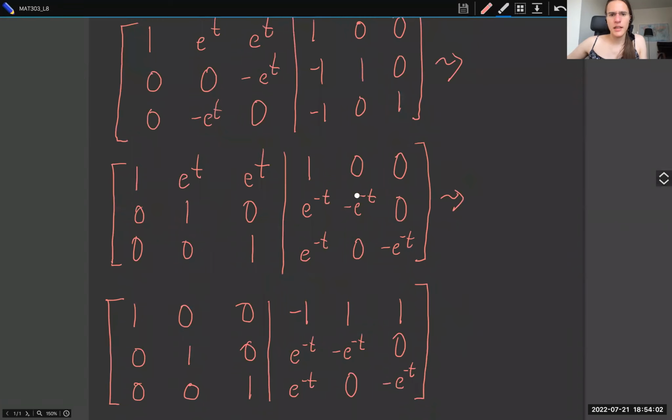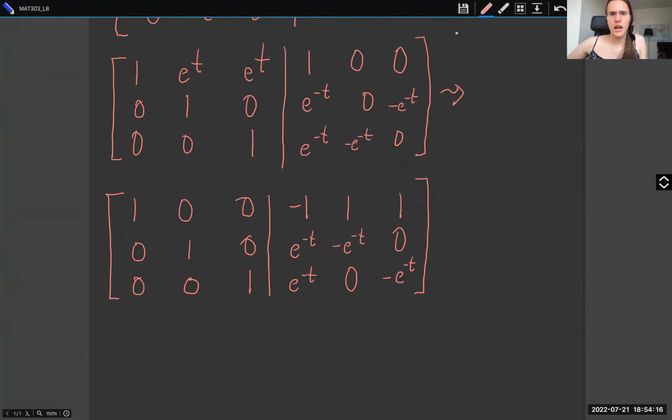So it should be e to the negative t, negative e to the negative t, and those are 0 entries. And it doesn't change what these are, but it does change this. That's what I have in my notes.